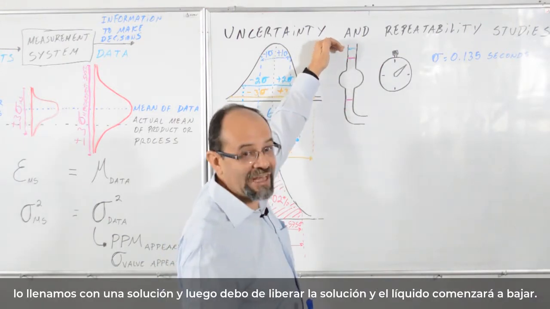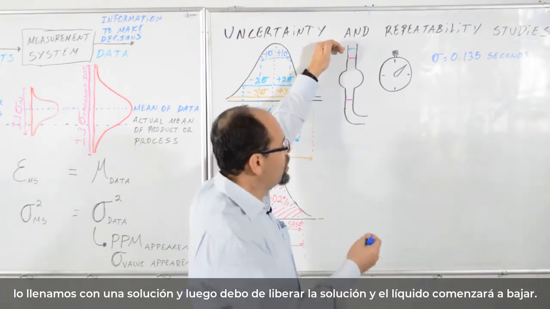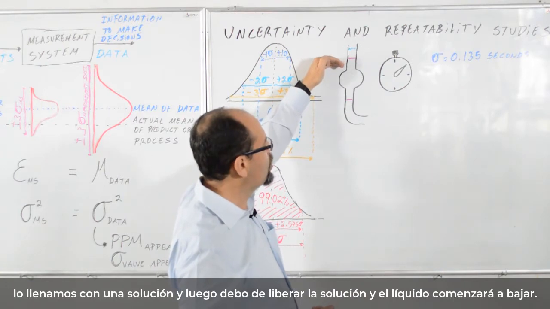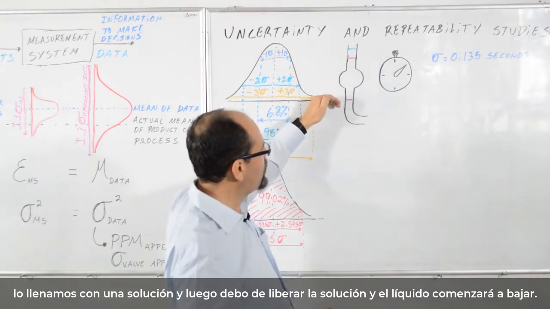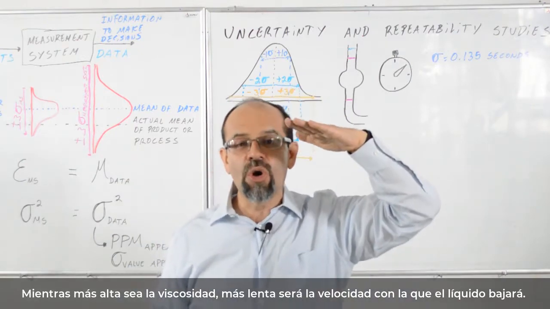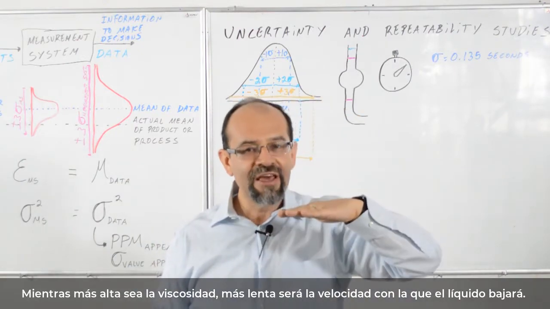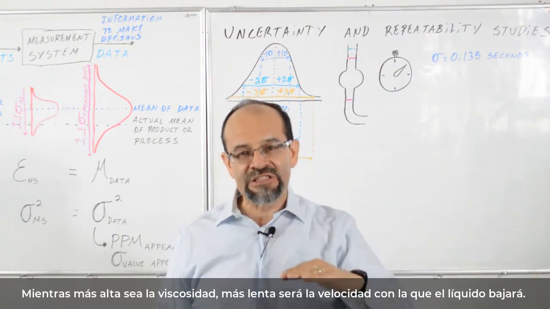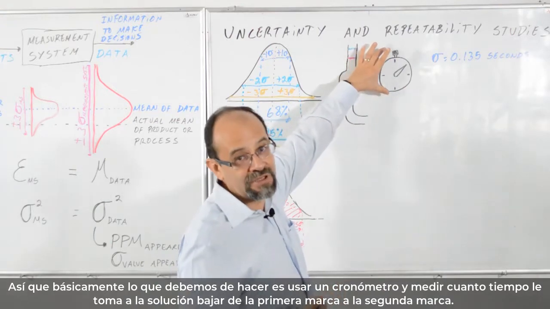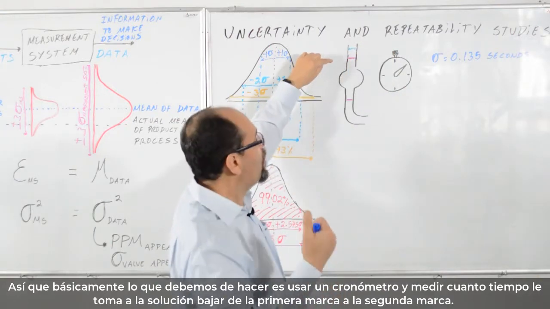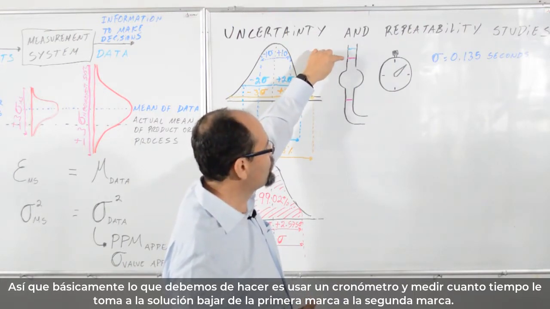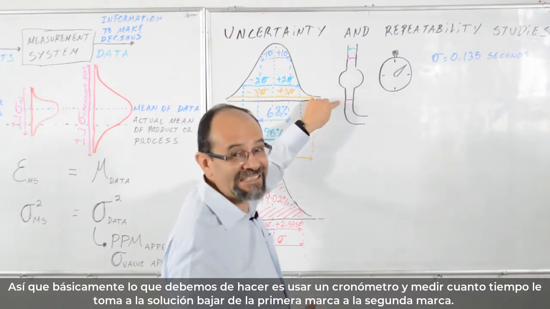I fill it with that solution, and all I have to do is release, and then the liquid will be going down, going down, going down. The higher the viscosity, the slower the pace at which the liquid goes down. So basically, all I have to do is use a stopwatch and measure how long it takes the liquid to get from this mark to this second mark.